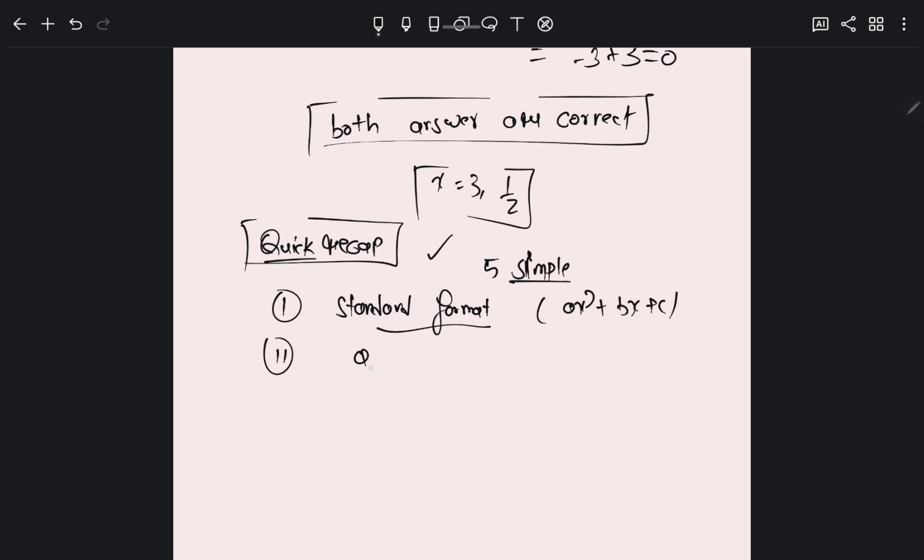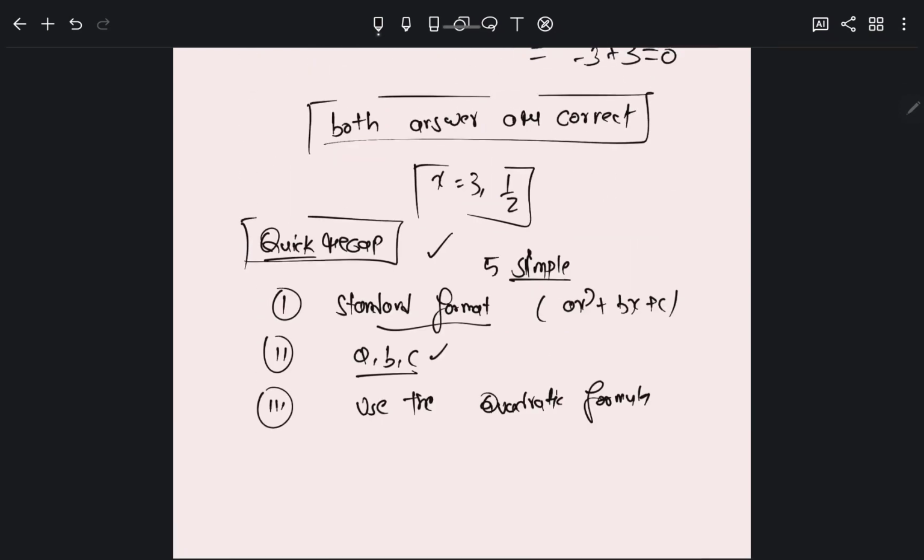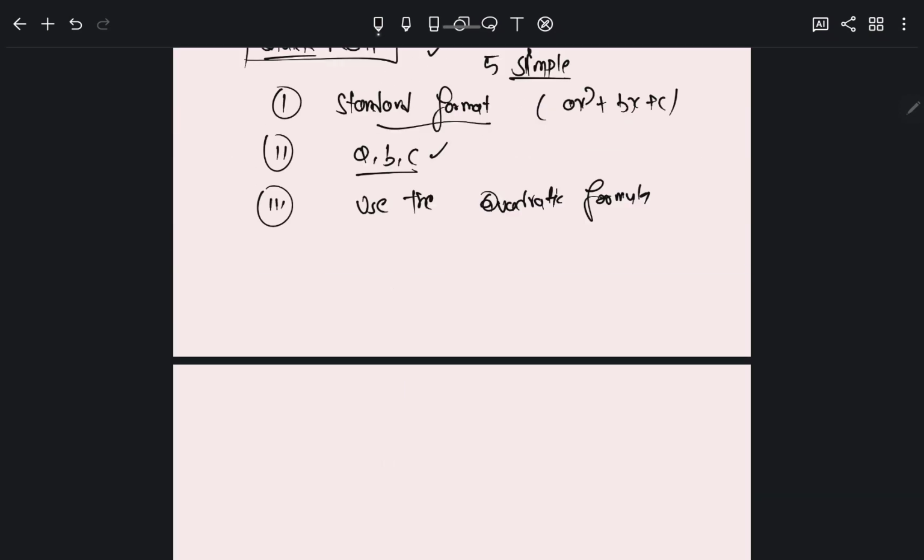Second, you have to identify a, b, c. Third, what? Use the quadratic formula. Am I right? Use the quadratic formula. And after that, you have to substitute the values carefully.